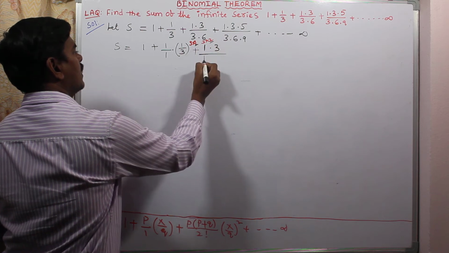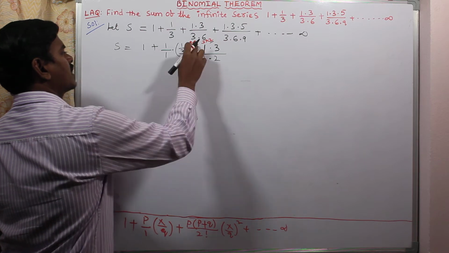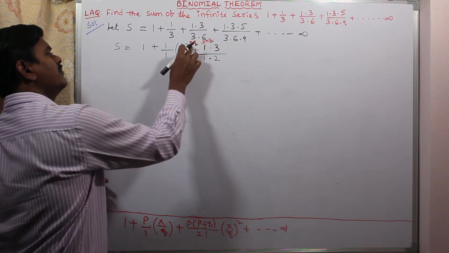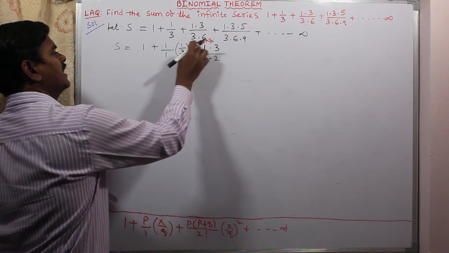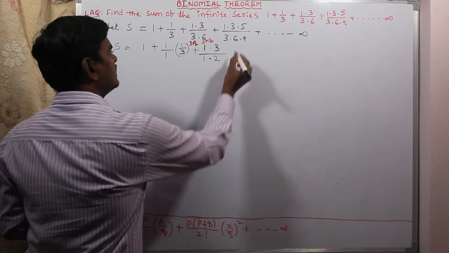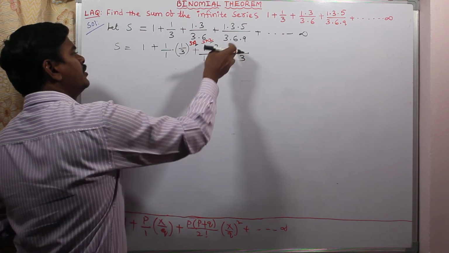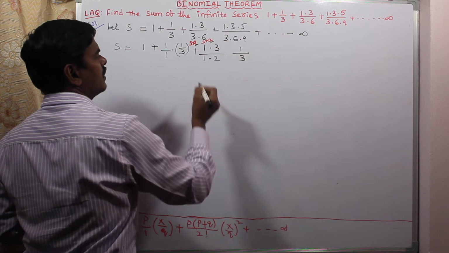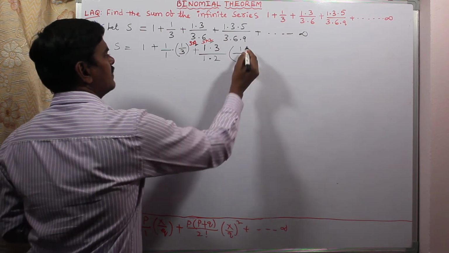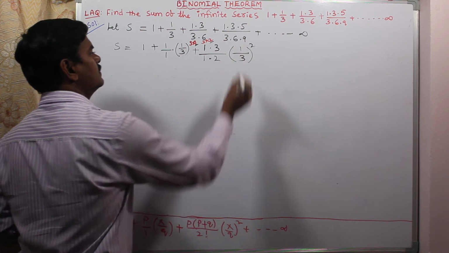So this 1 I will write here, this 2 I will write here. After writing 1 into 2, we are still left with 3 into 3 in the denominator. 3 into 3 is 3 square. In the numerator we can assume 1. So overall I can write 1 by 3 whole square.